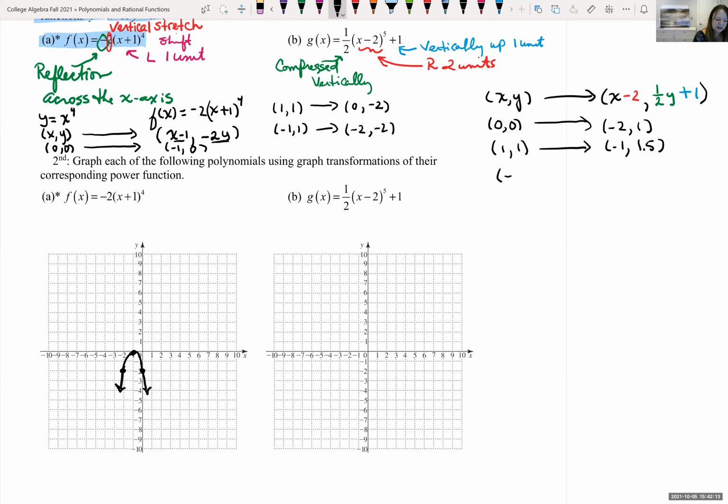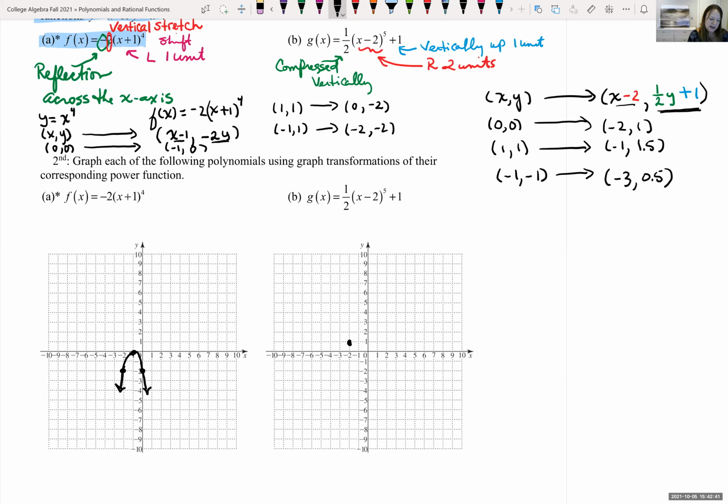And the other point that was on there was -1, -1. So plugging in -1 for my x value, -1 minus 2 is -3. And plugging in -1 for my y value, I get -1/2 plus 1. So that's just 1/2. So plotting our points, we have one at -2, 1.